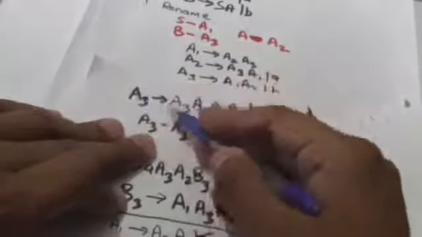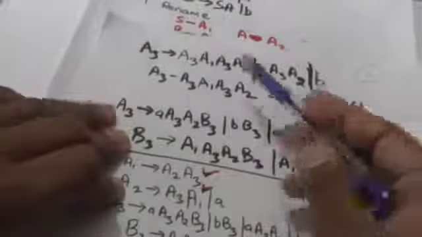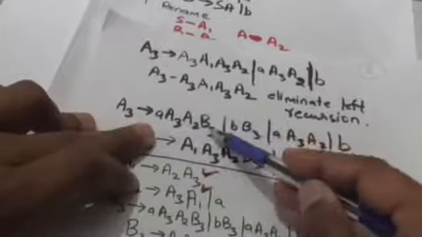Now we have these productions for variable A3. This production A3 derives A3, A1, A3, A2 has left recursion. Now we will introduce a new variable B3 in grammar G and eliminate left recursion. We will replace this production by these productions: A3 derives A3, A2, B3.